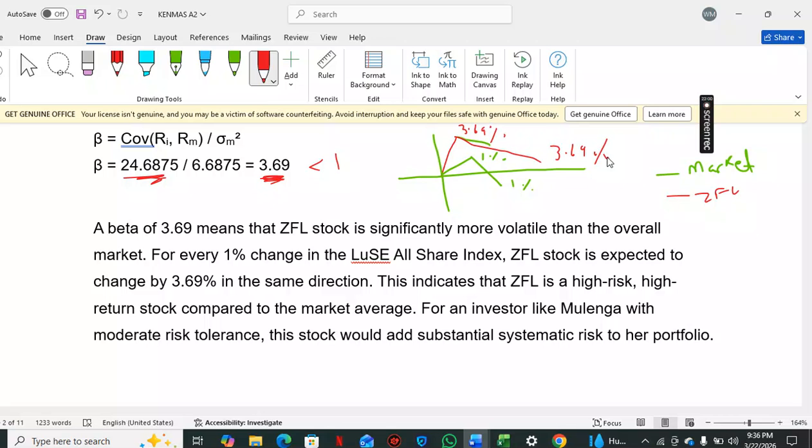To an investor, a beta of 3.69 means you're dealing with risky shares. If the market does well, you will do better than the market. But if the market does badly, you're going to do worse than the market. Any questions?